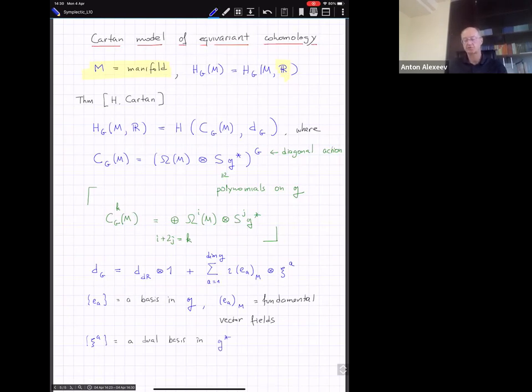Right, so what you're doing is contracting with a fundamental vector field, and multiplying the polynomial part by the corresponding generator of g star.